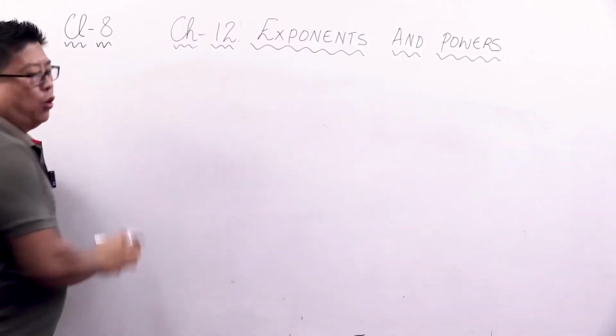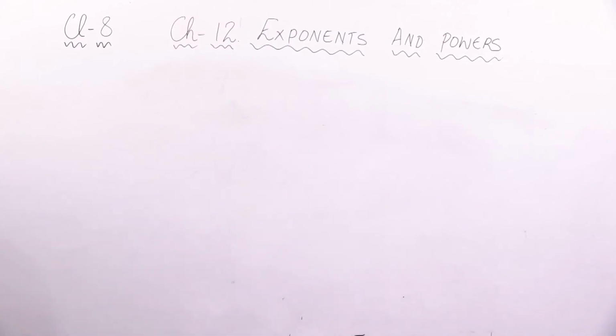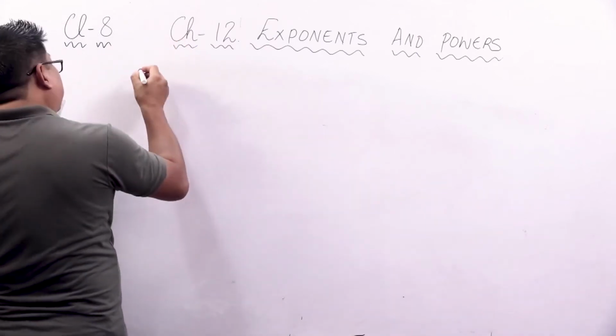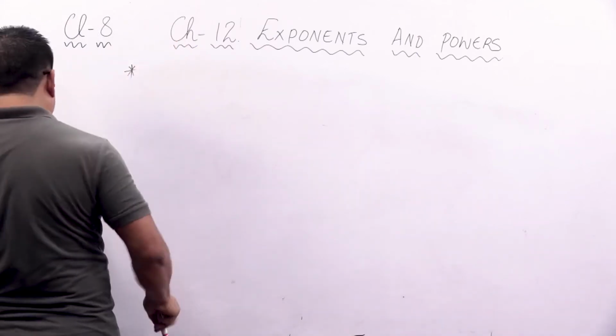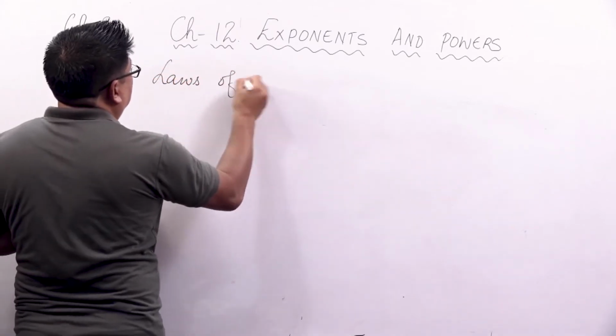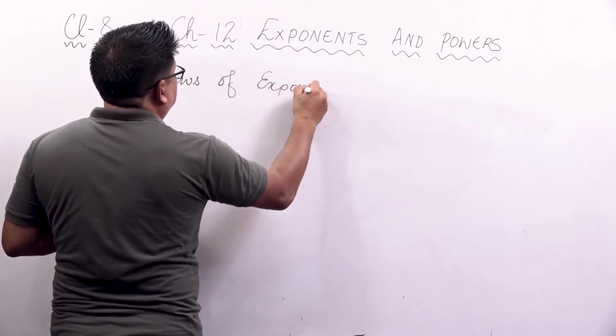Let's look at some laws. We have already learned about these laws in class 7, but let's do a quick recap of these laws. So we can write laws of exponents.